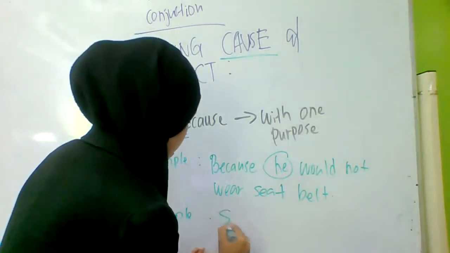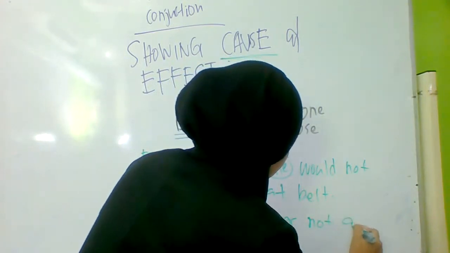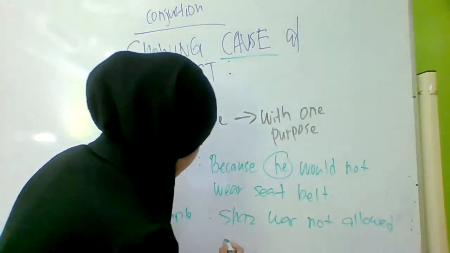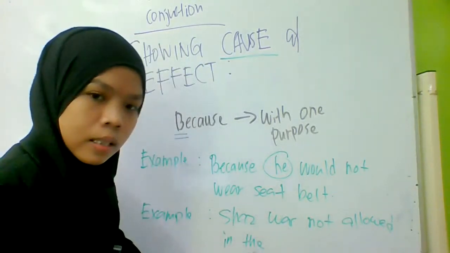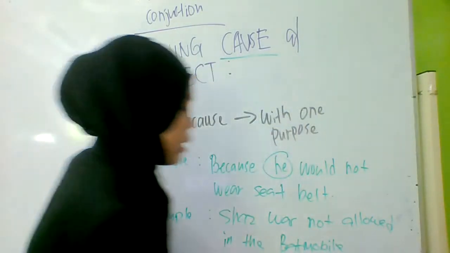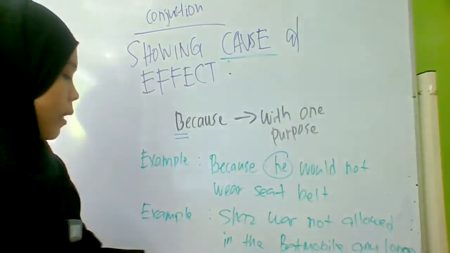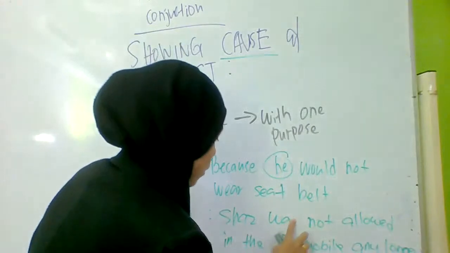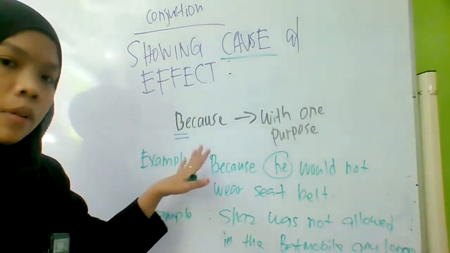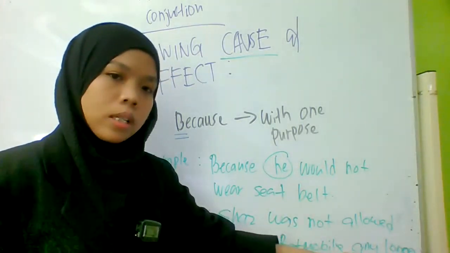The sentence is: Shaz was not allowed in the Batmobile any longer. So I repeat the independent clause. Shaz was not allowed in the Batmobile any longer. This is an independent clause, meaning complete. We understand. We have subject, verb and object.